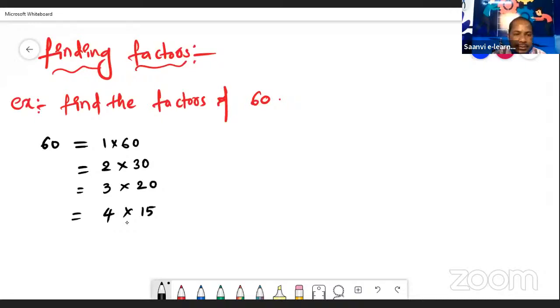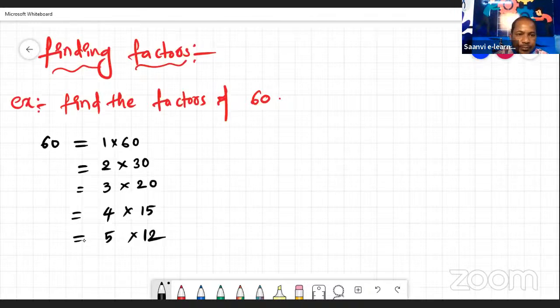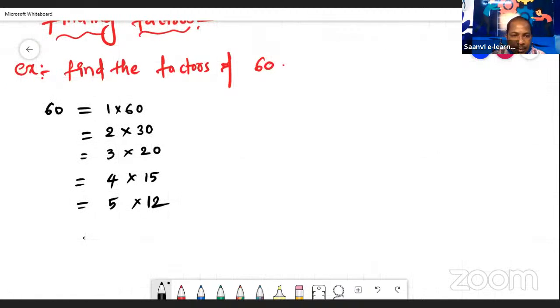Next take the number 5. Is 60 divisible by 5? Yes, absolutely. 5 12s are 60. Next, after 5, what number? 6. Is 60 divisible by 6? Yes, absolutely. 6 10s are 60.